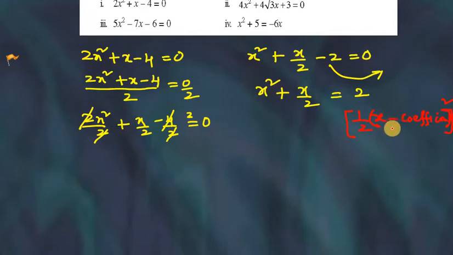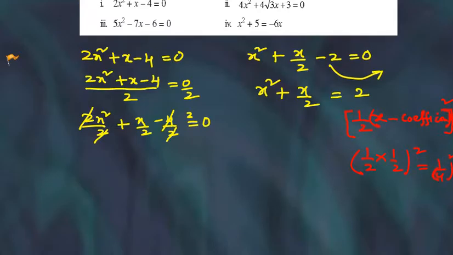So half of the x coefficient, which is 1 by 2, gives 1 by 4, and then we square it: 1 by 4 whole square.